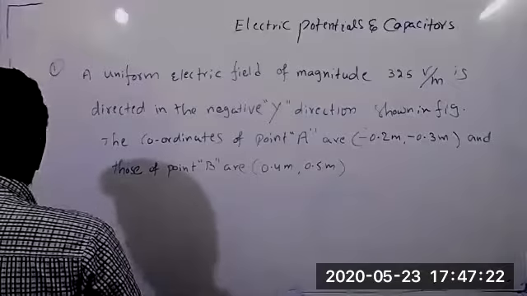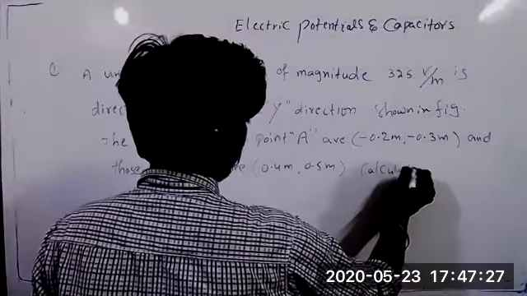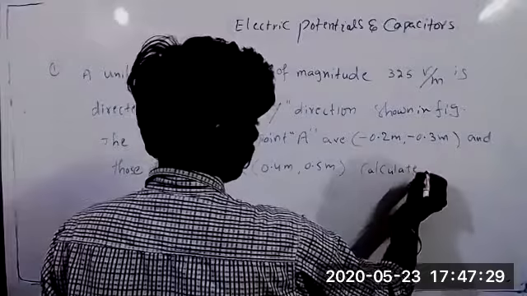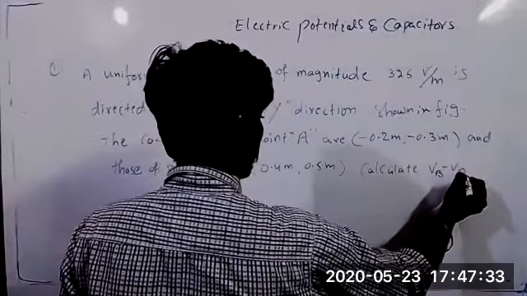Calculate potential difference VB minus VA.